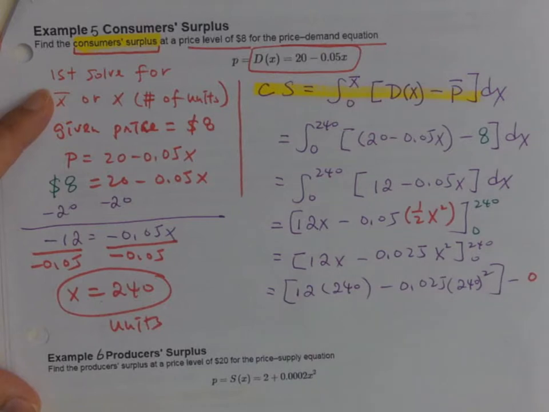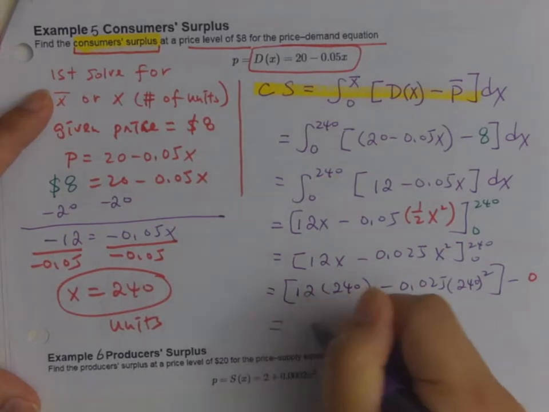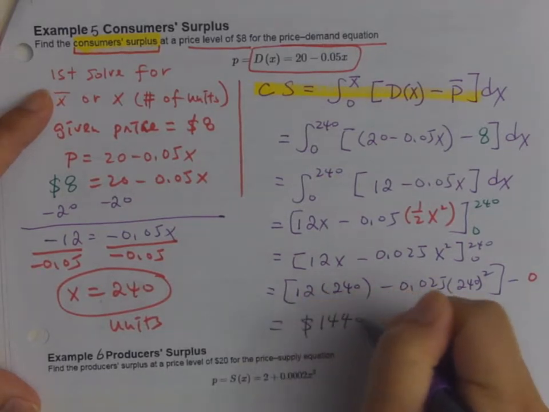For the second part, you can use your calculator. 12 times 240. Need to subtract 0.025 times 240 squared. So the answer is 1440.